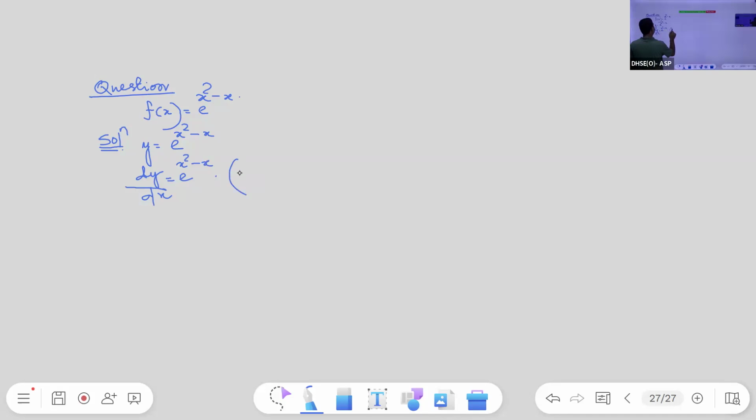Derivative of x square minus x is 2x minus 1. For an extremum, dy upon dx is equal to 0.